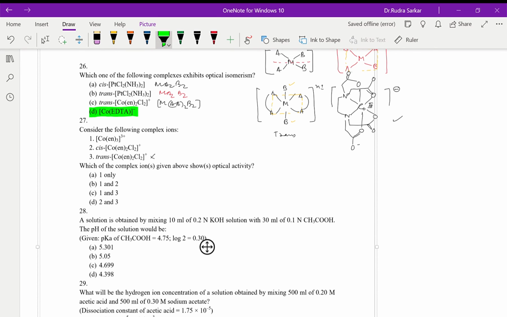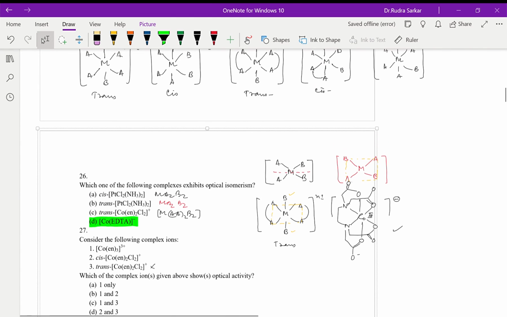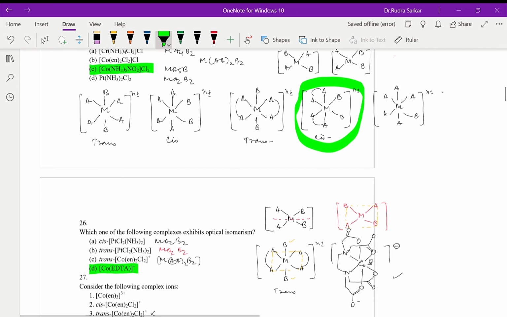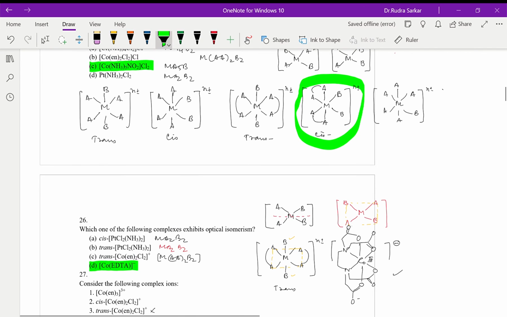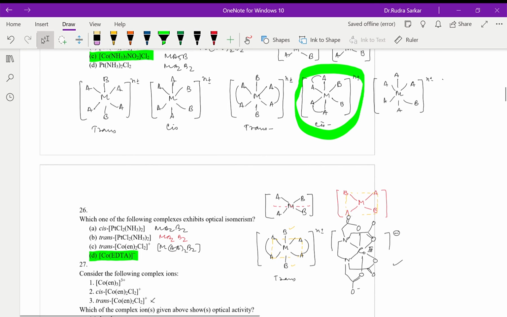Now cis CoEn2Cl2, this also we have drawn somewhere here. I'm just showing you. This is the one. So you can consider here that M is Co, AA is en, and B is Cl2.